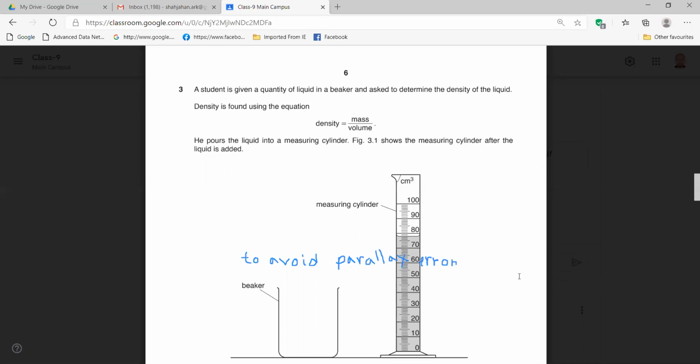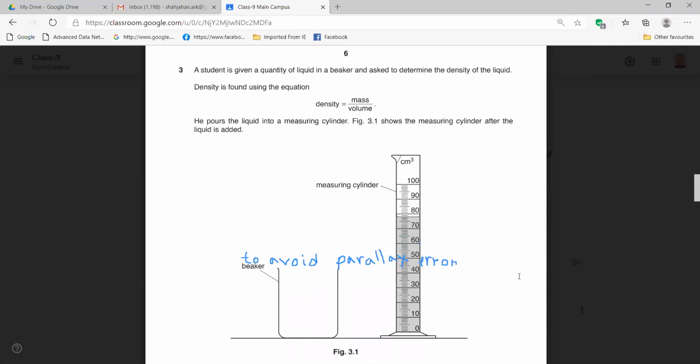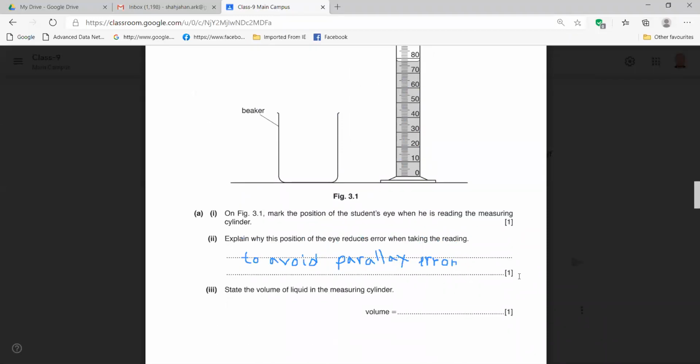Yes, sir. The position you are getting wrongly because of the refraction of light, due to the unparalleled position with the level of the liquid, that is called parallax error. Sir, can you explain briefly, in short, one more time? The definition of parallax error? Yes, sir.